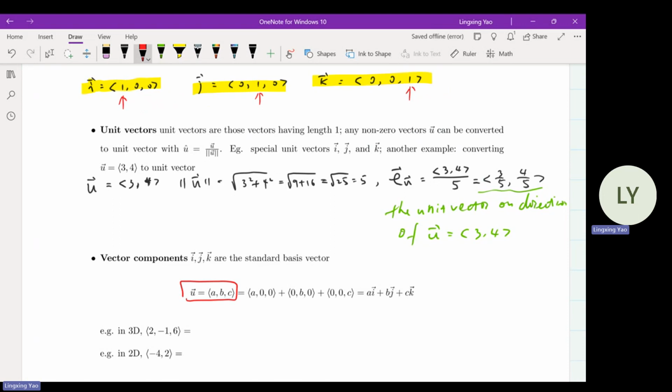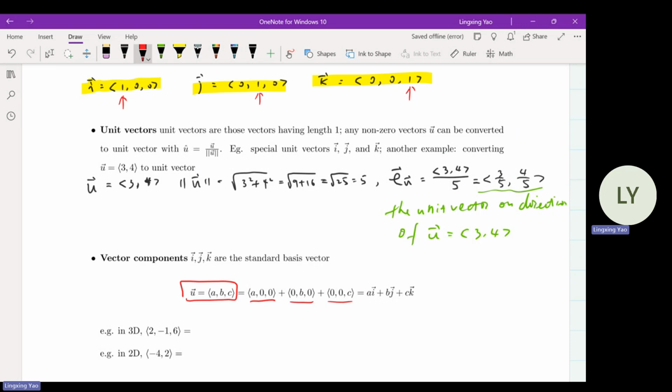We can break it up as this vector plus this vector plus this vector, because the operation of summation for the vector is just adding the corresponding components.